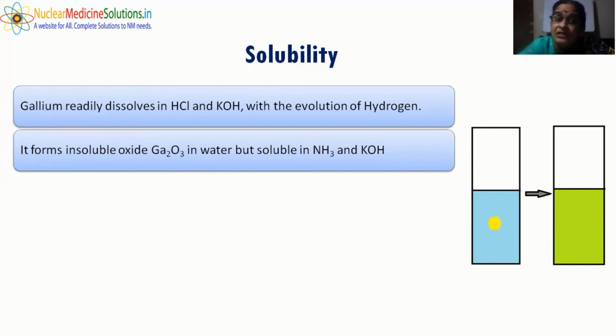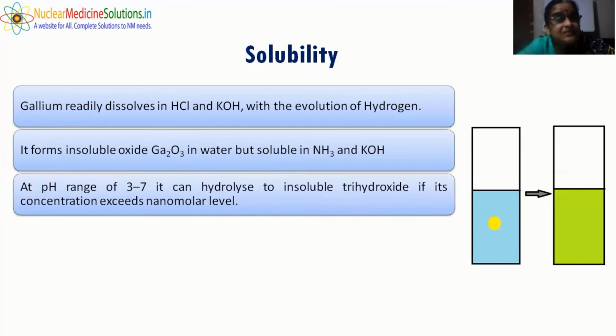It forms insoluble gallium oxides in water, but it is soluble in ammonia and potassium hydroxide. So that can be the agent, or those can be the environmental conditions which are required to be present in the medium so that the gallium compound is soluble.